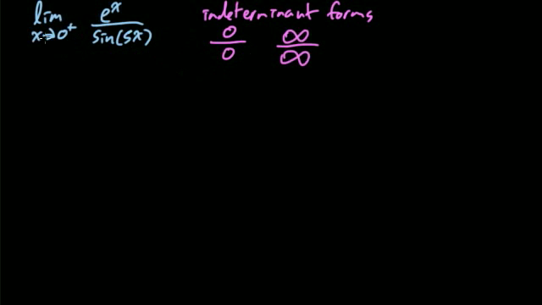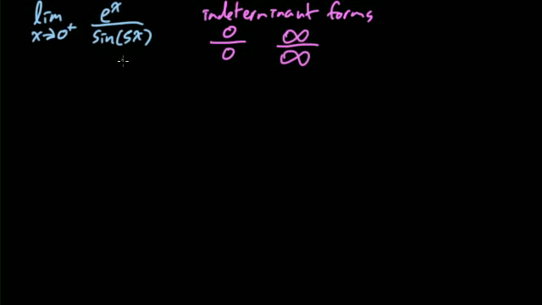So the very first thing to do with this limit is to figure out if we have our indeterminate form. The way we do that is we just plug in this number as x approaches it. As x approaches 0, what does e to the x approach?